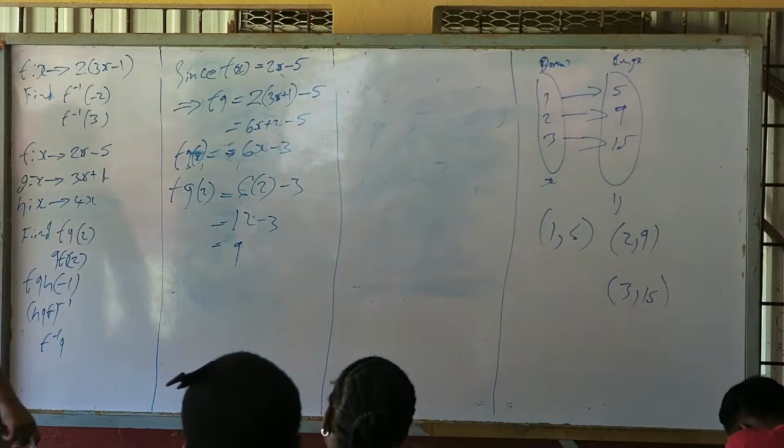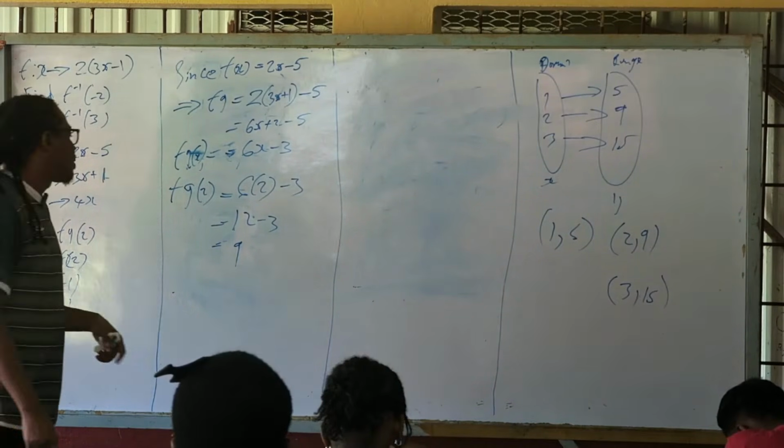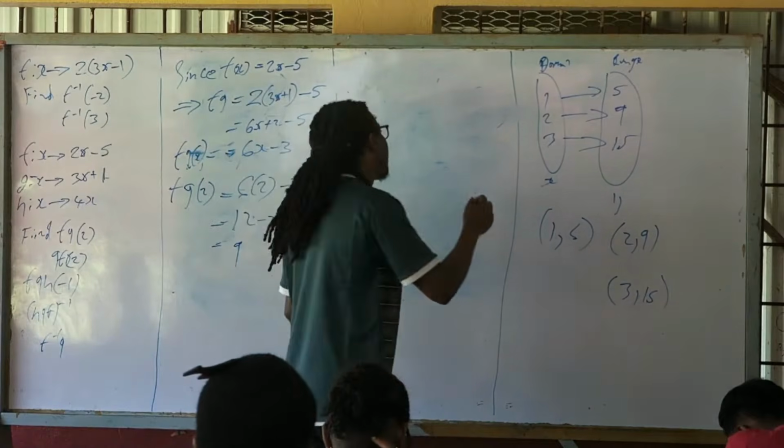They say find g of f. So a while ago we found f of g. This is f of g. Now g of f, what do you start with?